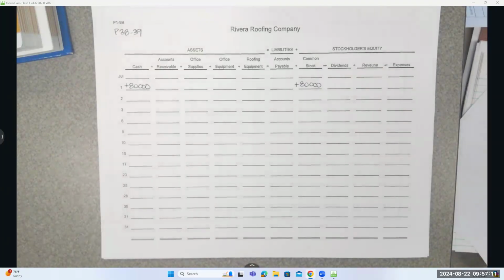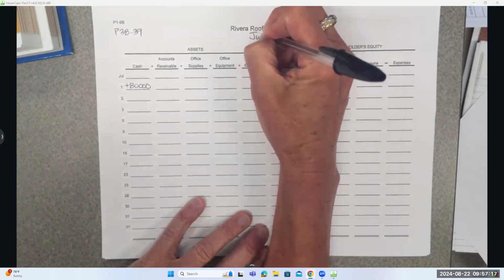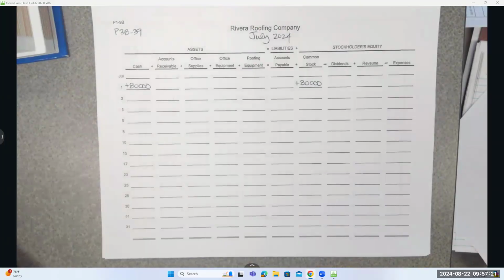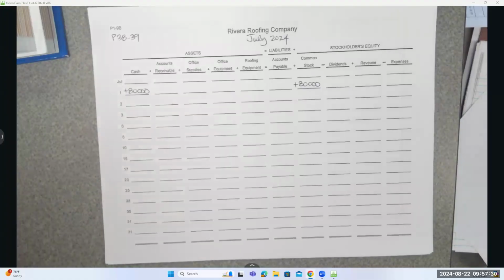The company paid $700 cash for the July rent. It says we began operations in July. So this is our first month, obviously, because we have our initial investment there. And then we paid the rent for the month.